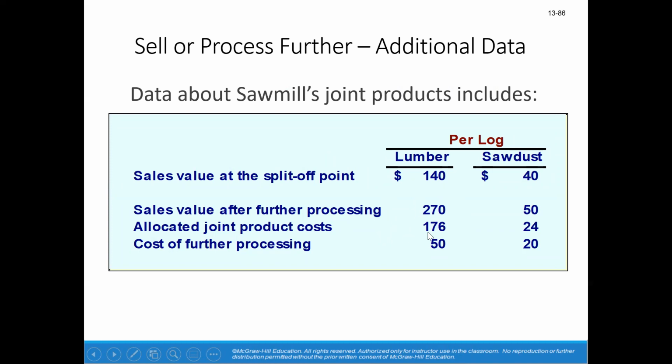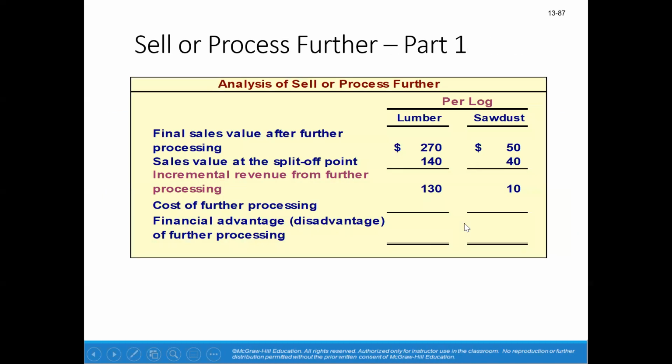But here we've got our allocated joint product costs and cost of further processing on both sides. The final sales after the further processing, less the sales value at the split-off, gives the incremental revenue from processing further. Okay, the cost of further processing.